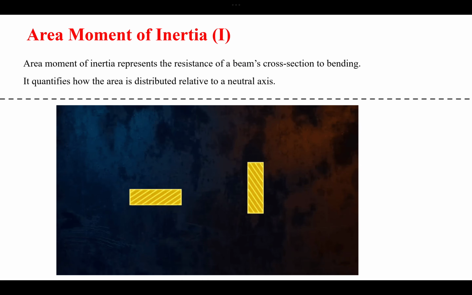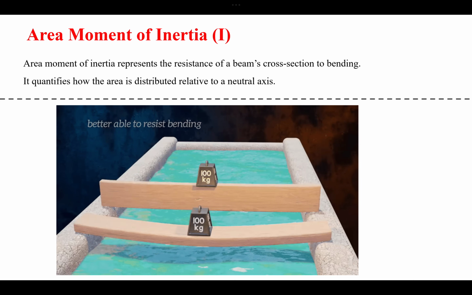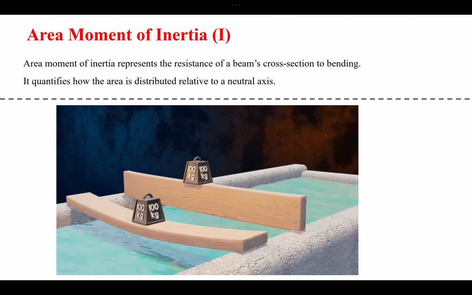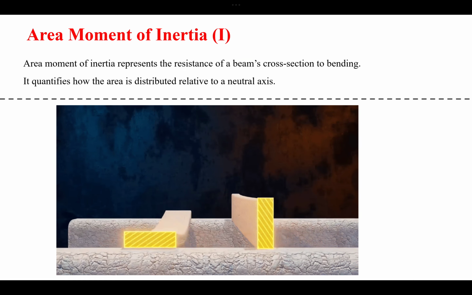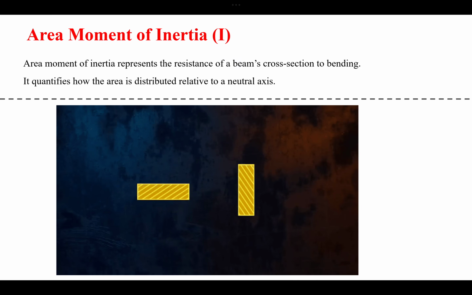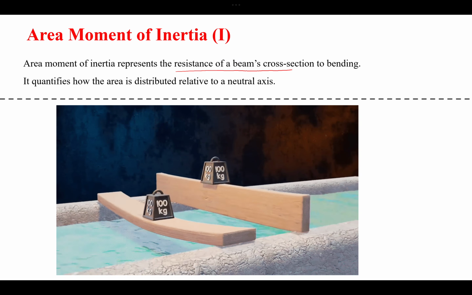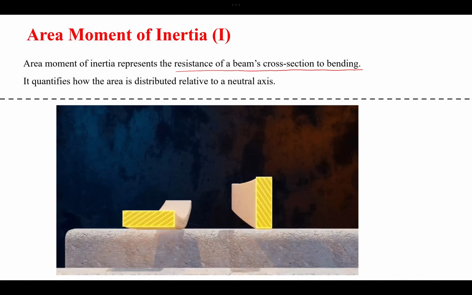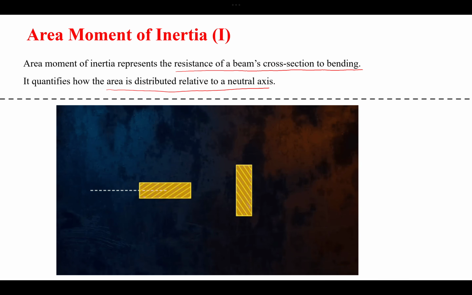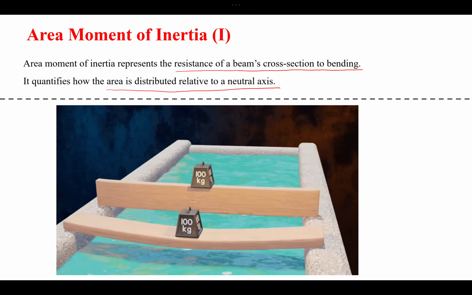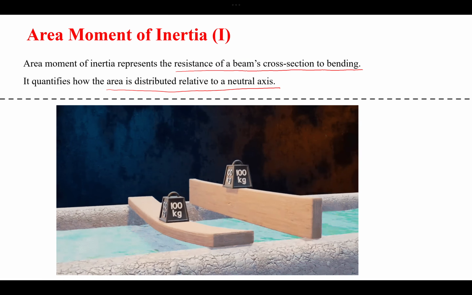Now this area distribution is very important in terms of bending. The area moment of inertia is defined as the resistance of a cross section to bending. It quantifies how area is distributed relative to the neutral axis. In this case, you can see the bending axis or neutral axis.